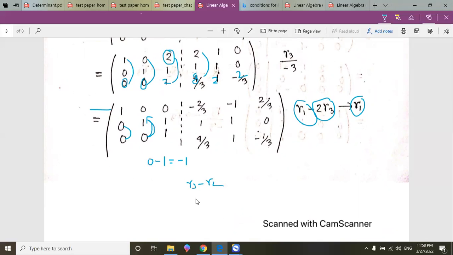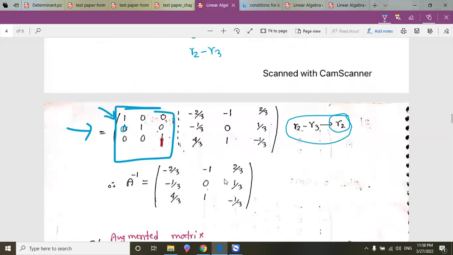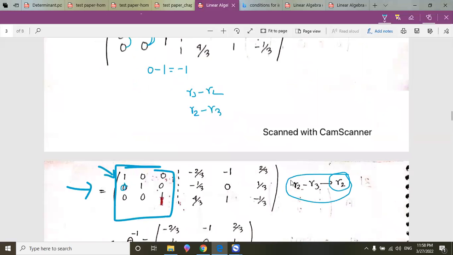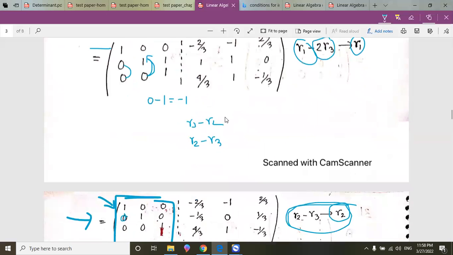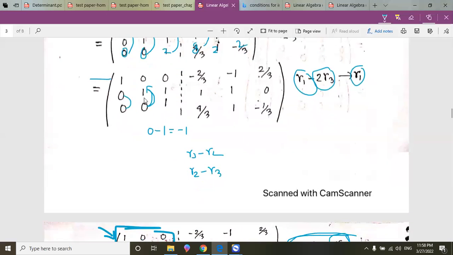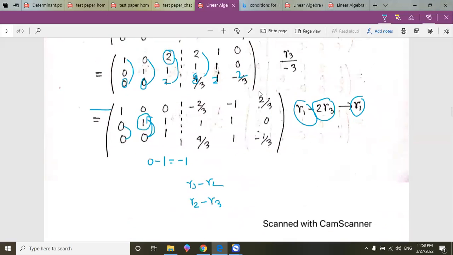Instead, we do R2 minus R3, okay? Jen, can you understand? We could do R3 minus R2, but then we would get minus 1 here. That's why we don't go that way. So we do R2 minus R3.